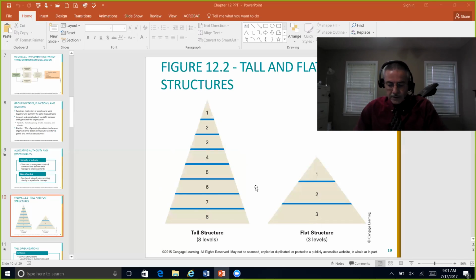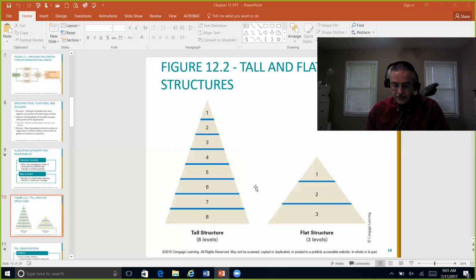We know as an organization grows in size or complexity, as the number of employees, functions, or divisions increases, this hierarchy of authority typically lengthens, which makes it, in this example, a taller organization.